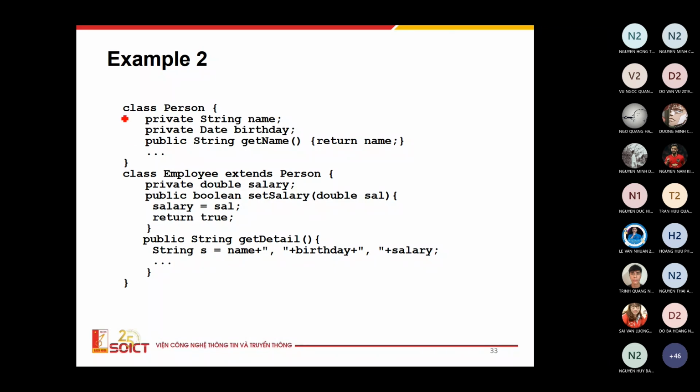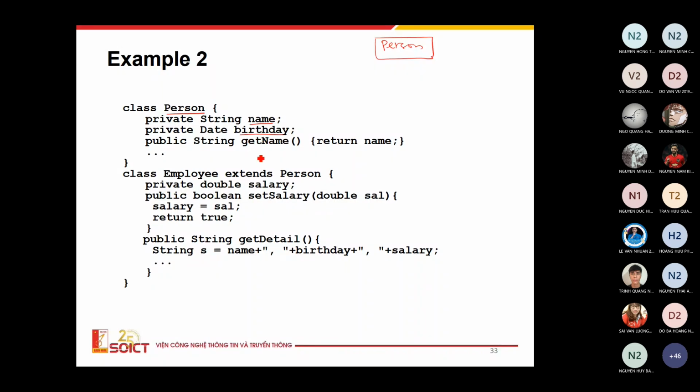Yeah, okay. I declare a name of class is person. Okay. And I have two attributes, name and birthday. Yeah, okay.